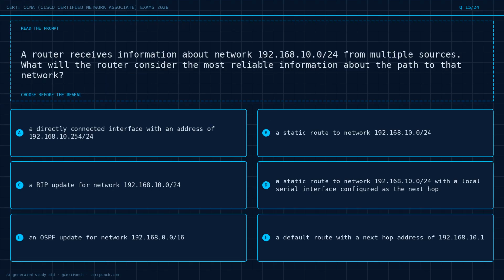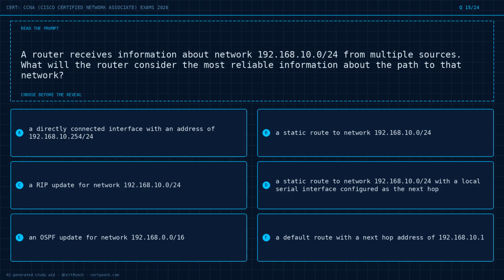Question 15 of 24. A router receives information about the IP range shown on screen from multiple sources. What will the router consider the most reliable information about the path to that network? Option A, a directly connected interface with an address of the IP range shown on screen. Option B, a static route to the IP range. Option C, a RIP update for the IP range.